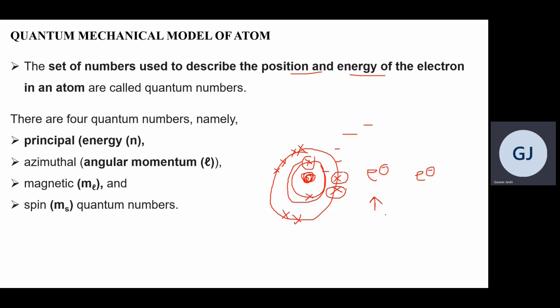One will be arrow up and one arrow down, because it is a vector quantity showing direction. Two electrons cannot have the same direction in a cell, otherwise they would attract each other, and two same charges cannot attract each other. So we show the electronic configuration in the form of arrows. This is called the spin quantum number, that is ms.